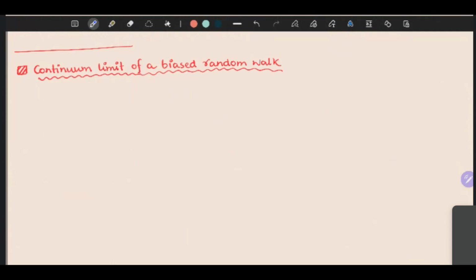We discussed random walks in great detail, but here we will speed up this process. Let's say the walker starts at the site j equal to 0 at time t equal to 0.